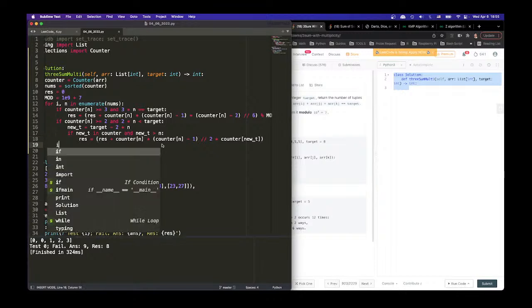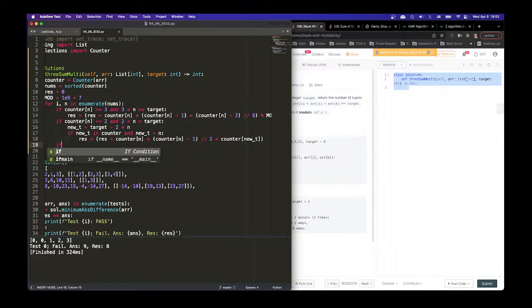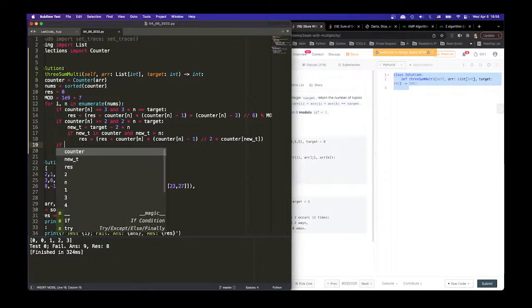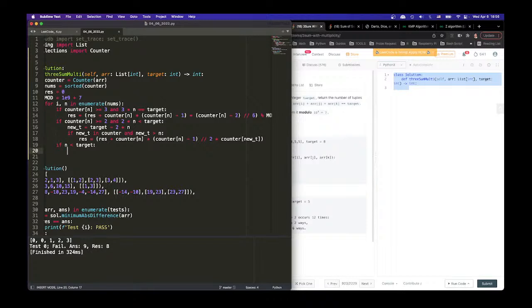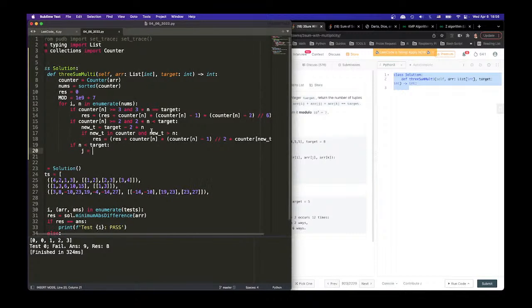And the third is if counter is definitely larger than or equal to 1, and if n is smaller than target. If n is larger than target, we cannot do anything. So new target equals target. Actually, no, in this case, let's say j equals, it has to be 3 individual, right?